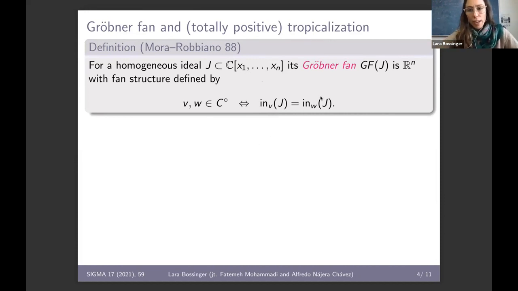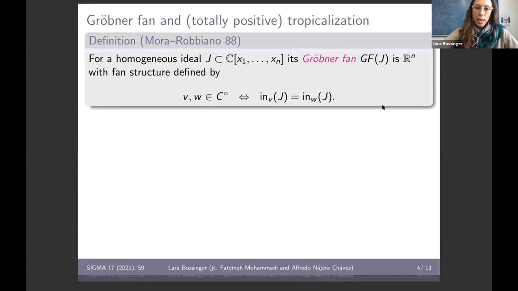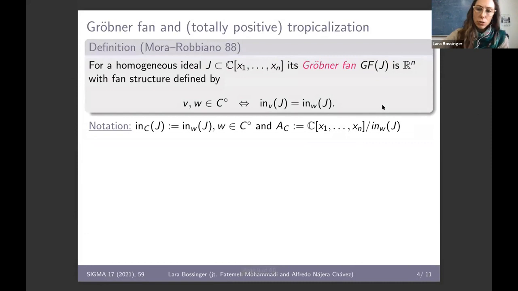And there's a fan structure on R to the n that I can obtain by simply identifying weight vectors that give me the same initial ideal. So by definition, or by a result of Mora-Robbiano, R to the n has this fan structure. C circ here denotes the open cone C. And just a little notation.